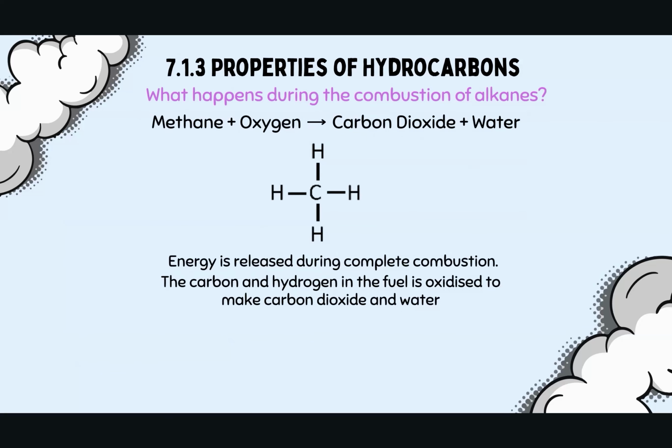Again, another common question, the combustion of alkanes. So methane and oxygen react to make carbon dioxide plus water. Because what's methane actually made of? It's made of hydrogen and carbon. So what do two hydrogens make when they react with oxygen?